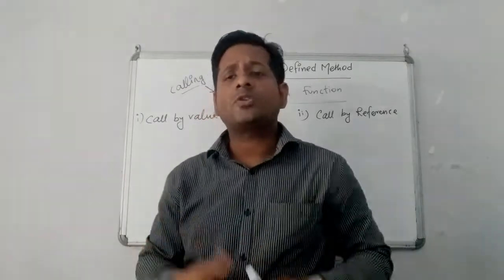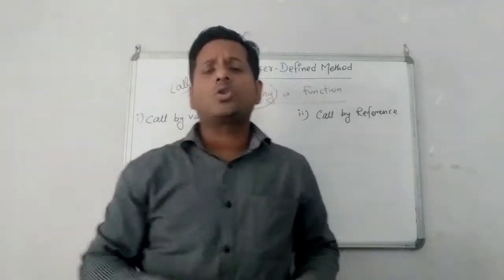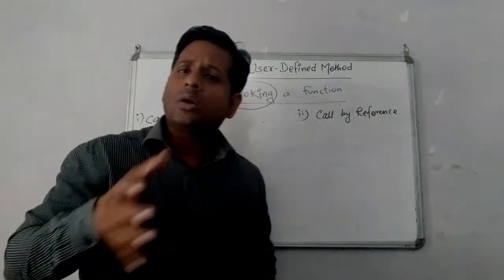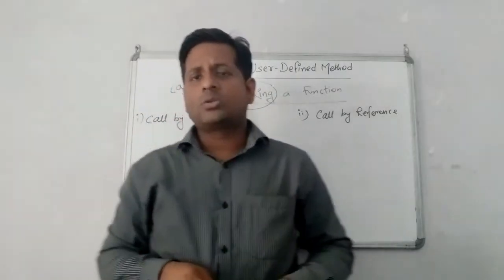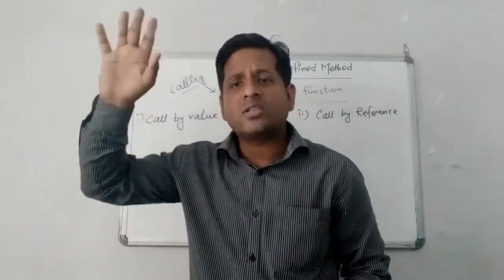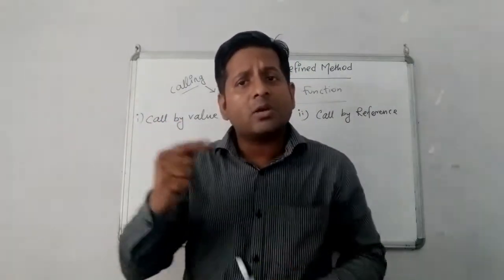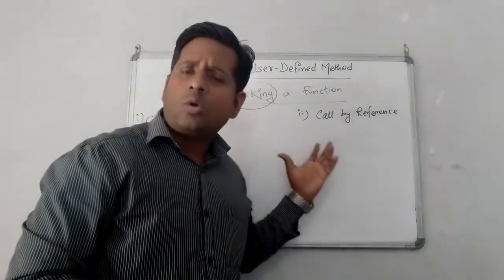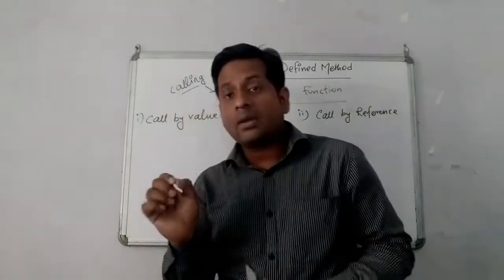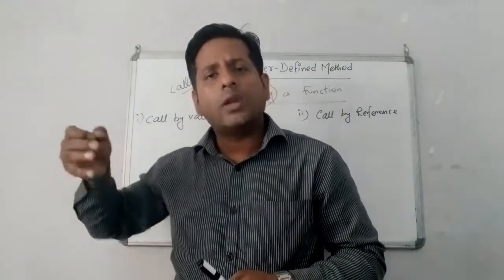Here also the concept is almost the same. We can call the function directly with the values. Suppose if I ask whose marker is this, whoever's marker it is will raise the hand. So here also call by value means give the number, but the proper data type should be there. The particular function will come, it will invoke.